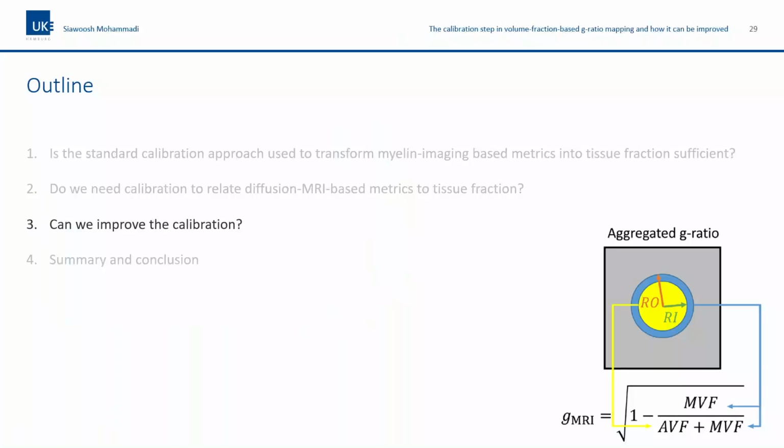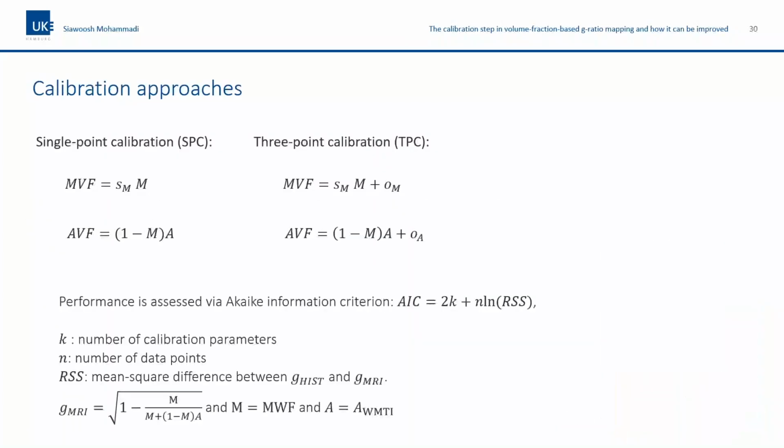How can we improve the calibration? The model we looked at here is the 3 parameter calibration, where we have slope and offset for myelin, and an offset for the diffusion-based measure. The diffusion-based measure was calculated with WMTI, and here we used the myelin water fraction for myelin.